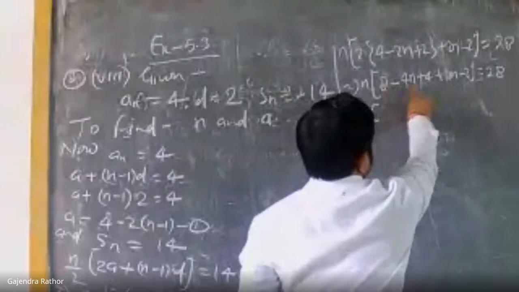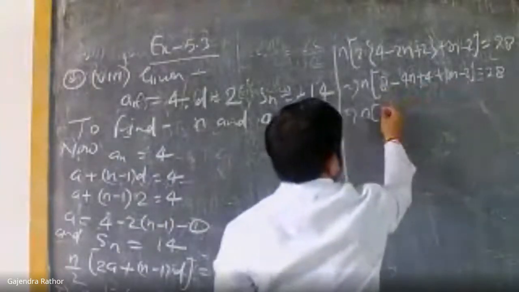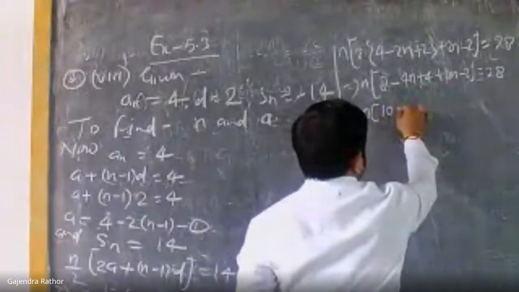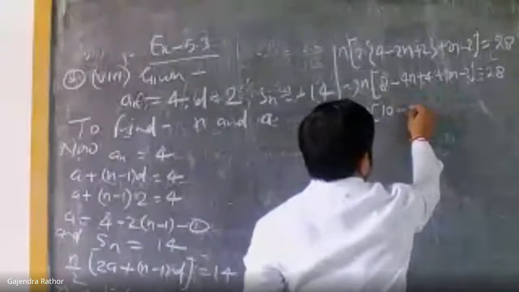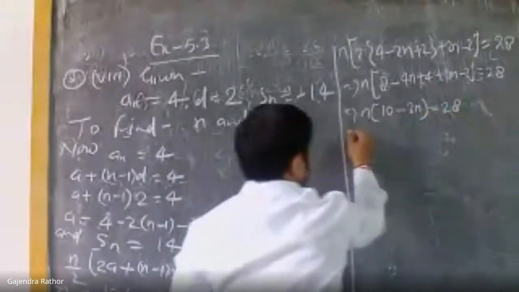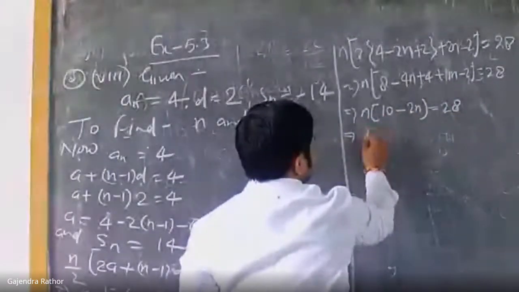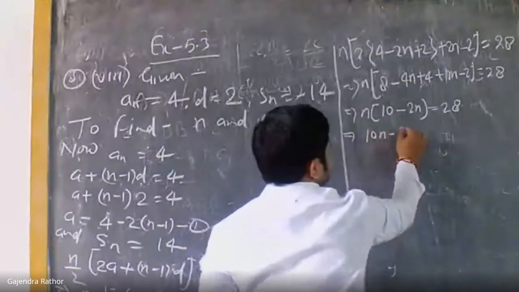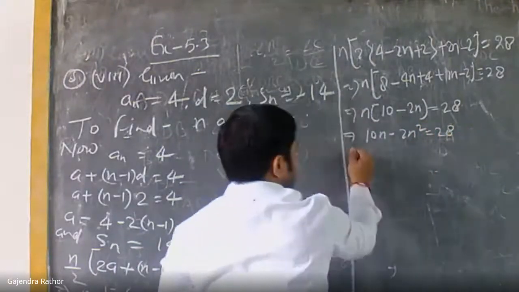Now 8 plus 4 is 12, 12 minus 2 is 10. Next, minus 4n plus 2n becomes minus 2n. So now multiply n to this bracket value. So 10n minus 2n square is equal to minus 80.